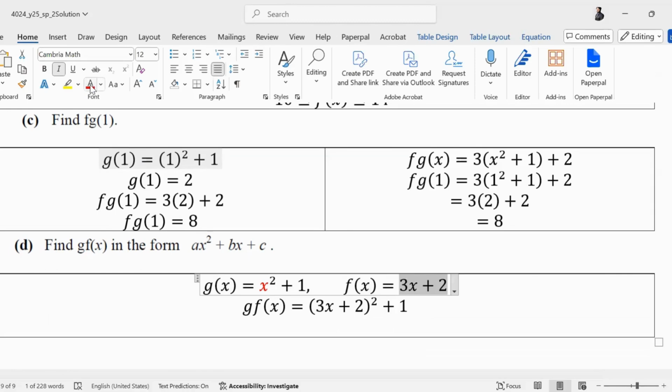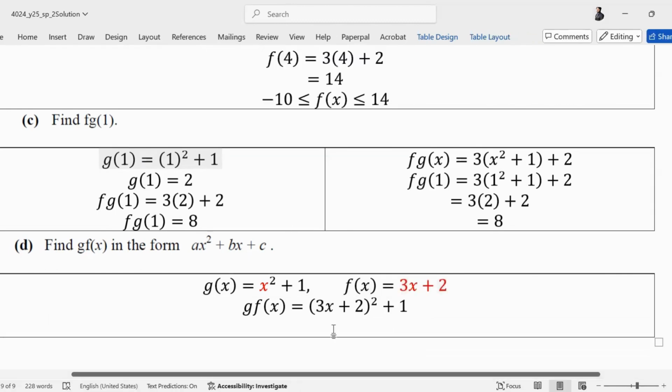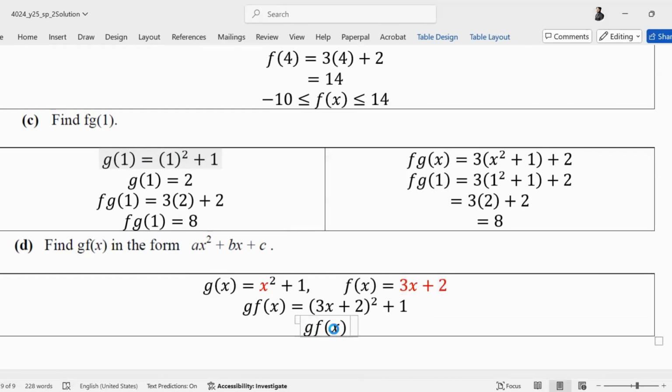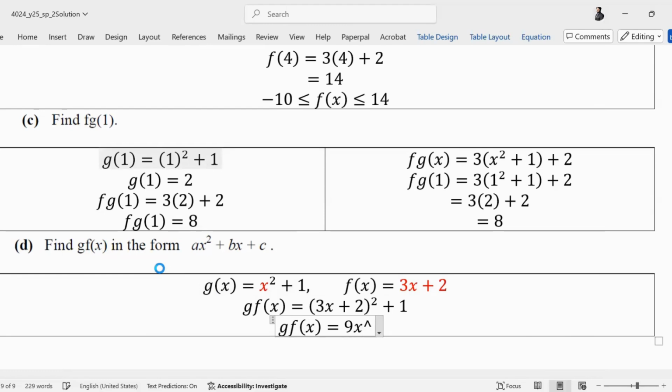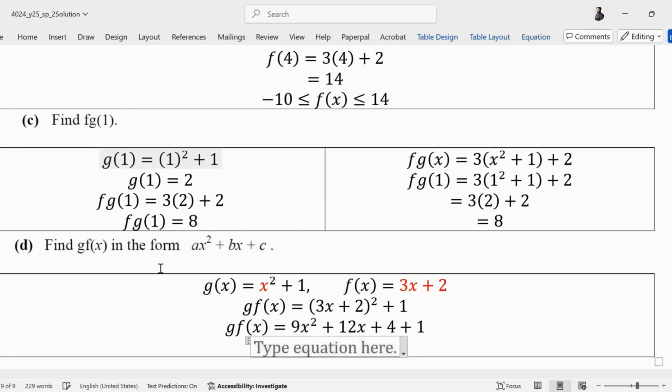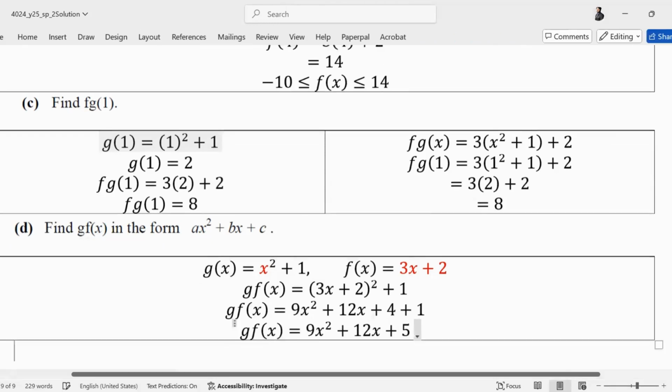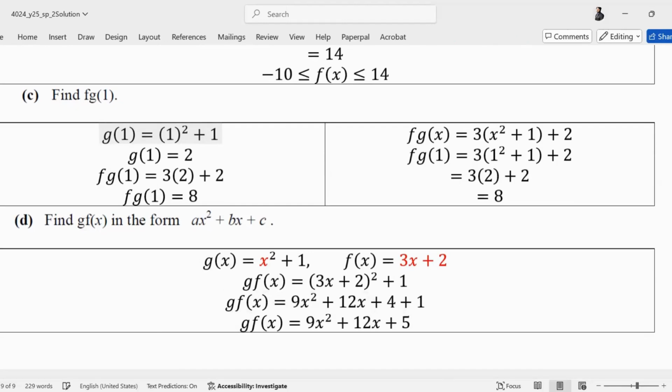This is what the composite gf of x means. But we need to give the answer in expanded form. I'll expand this: 9x squared plus 2 times 3 is 6, 6 2s are 12x, plus 4, plus 1. If you want, you can make 2 brackets and multiply those 2 brackets because that is what square means, something multiplying by itself. So 9x squared plus 12x plus 5. This is the composite function we should end up at.